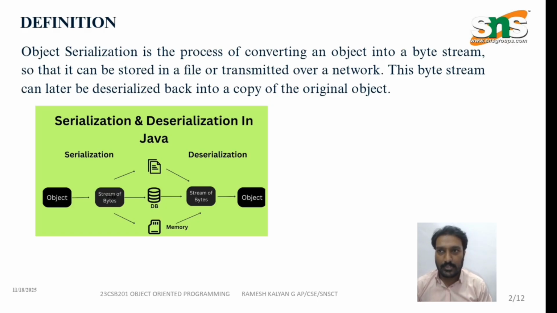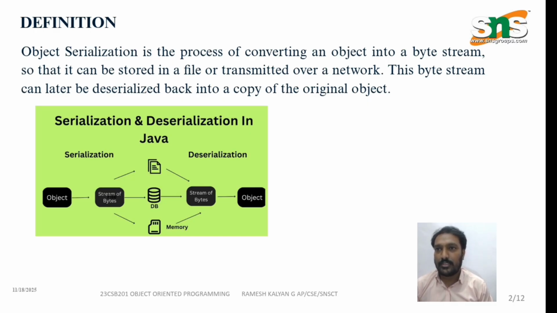In simple terms, object serialization is the process of converting an object into a byte stream. Similarly, object deserialization is the process of converting a byte stream into an object. This is vice versa of the serialization process.